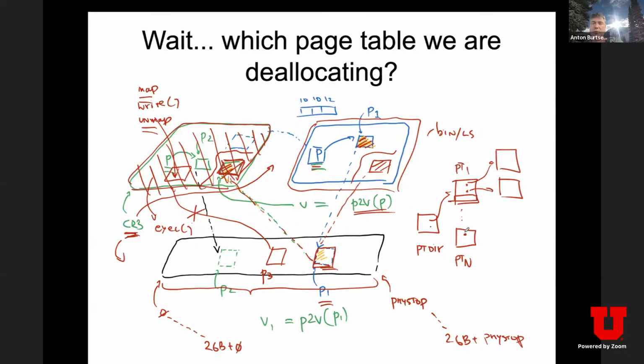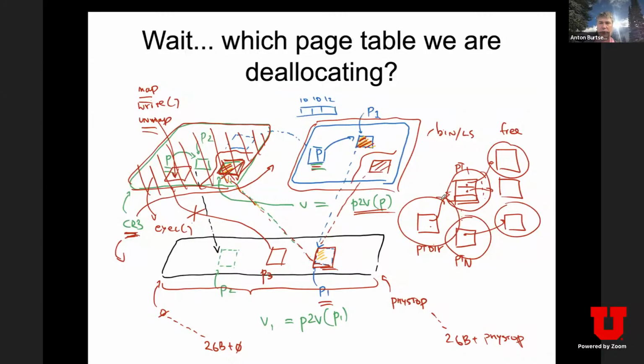Your goal is obviously to walk this tree, understand which pages are allocated, free the leaves mapped by this page table and return them to the memory allocator, then free the page table, walk the tree, deallocate everything, and then deallocate the page table directory itself. So that's the algorithm. I just wanted to make sure that this is clear to everyone.